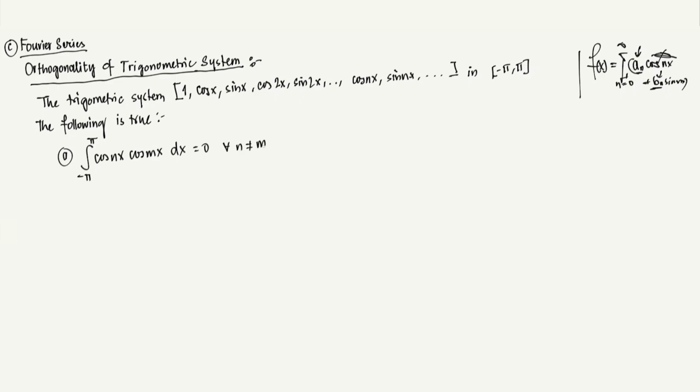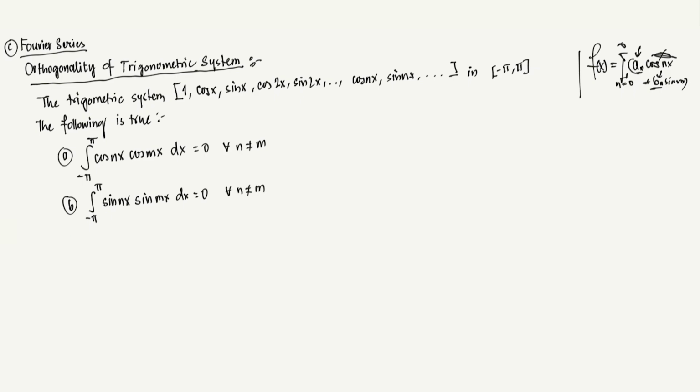So as long as n and m are not equal, if you take cosine nx and cosine mx and integrate between minus pi to pi, you are going to get 0. Similarly, if you have sine nx and sine mx, it becomes 0 again for all n not equal to m.